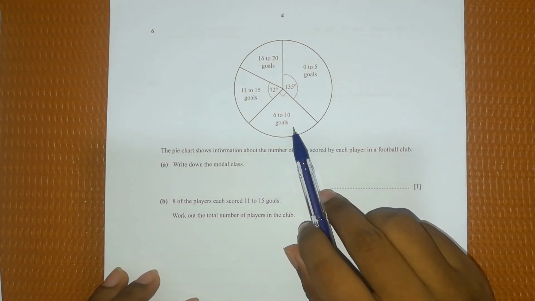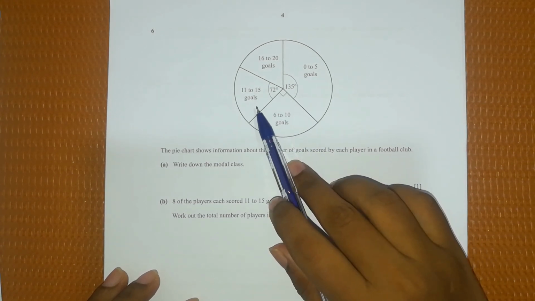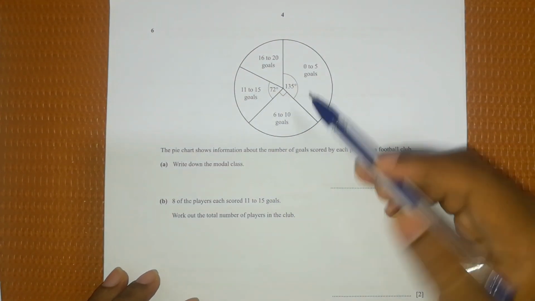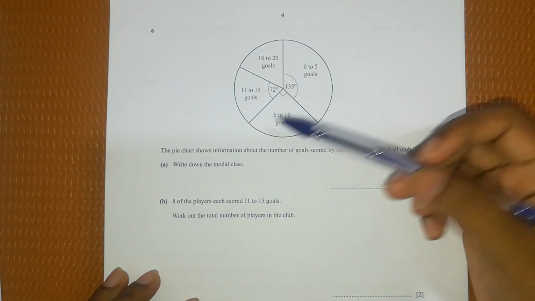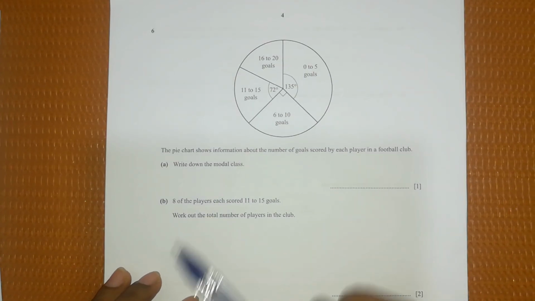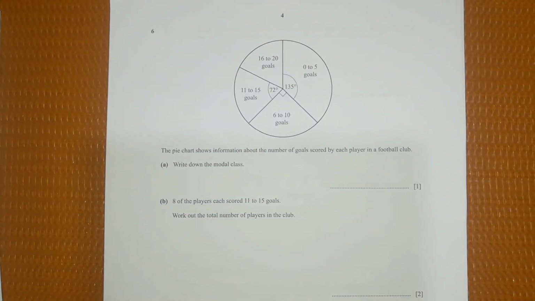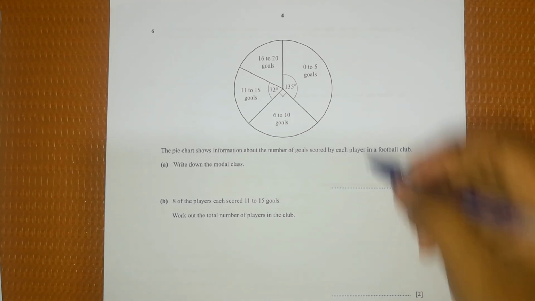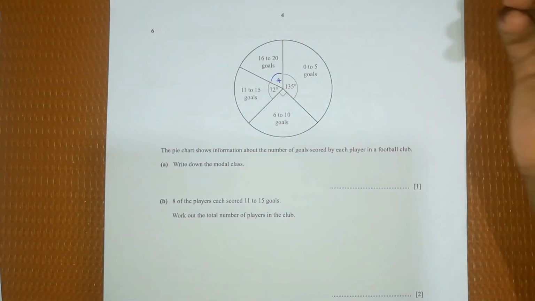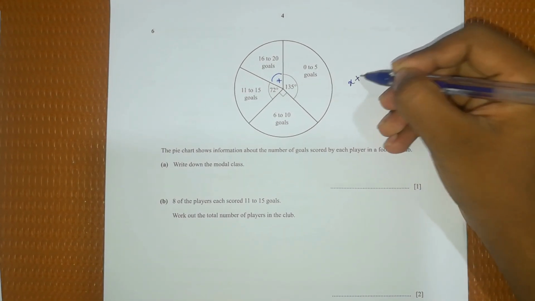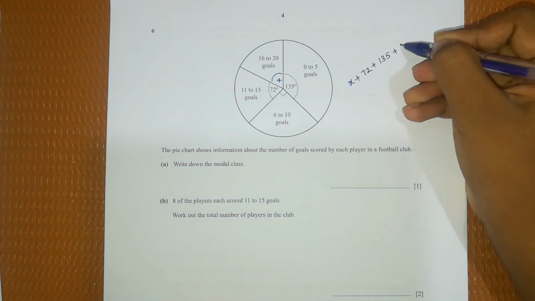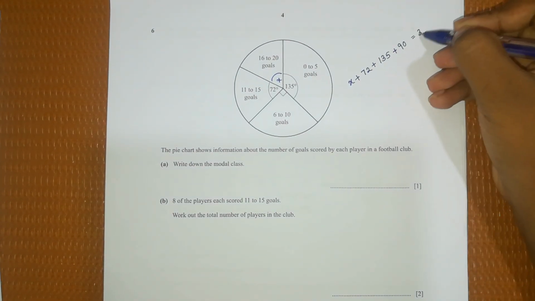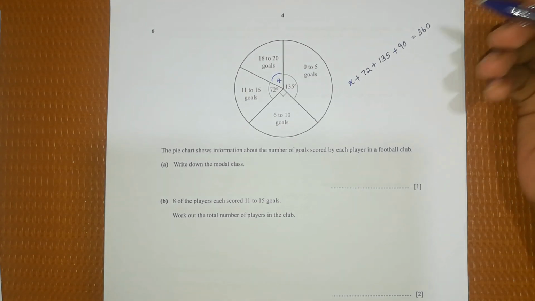0 to 5 goals, 6 to 10 goals, 11 to 15 goals, 16 to 20 goals. Here three angles are given to you. When they ask the first question, write down the modal class, we have to find the other angle as well. So for that, if I put x to this, you have to add the angles. X plus 72 plus 135 plus 90 should equal 360, angles at a point.